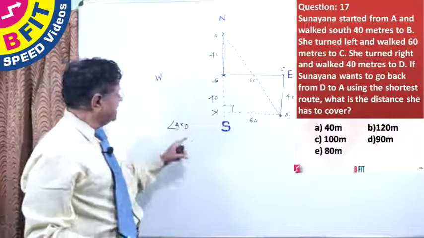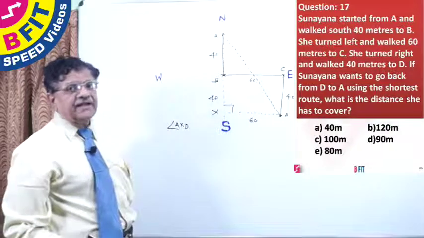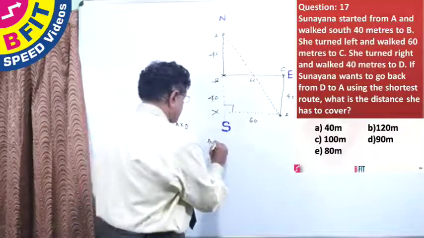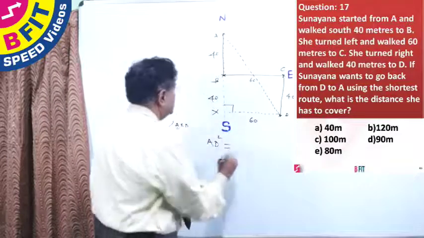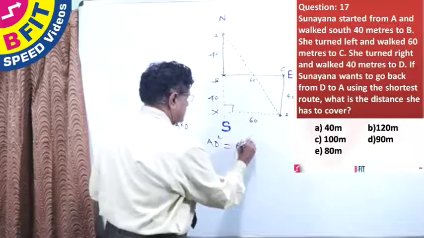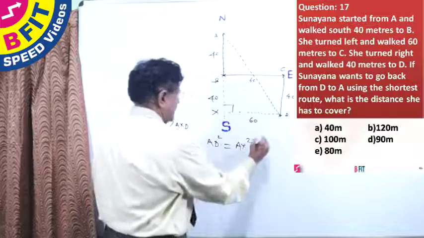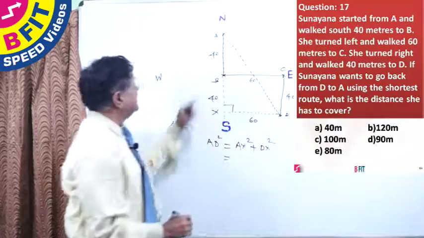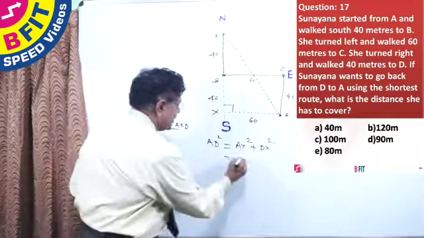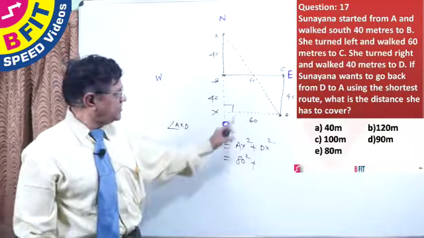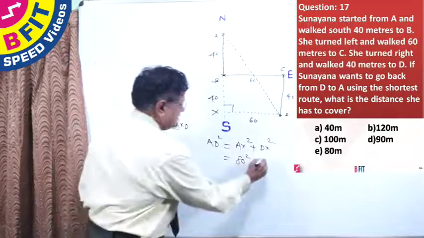Now triangle AXD is a right angled triangle, and therefore AD square is equal to AX square plus DX square. AX square is how much? 80 square, plus DX square is how much? 60 square.